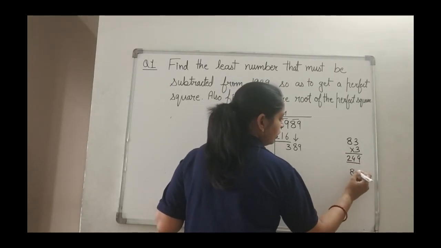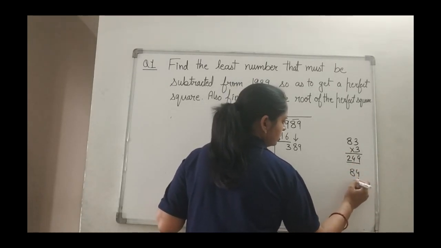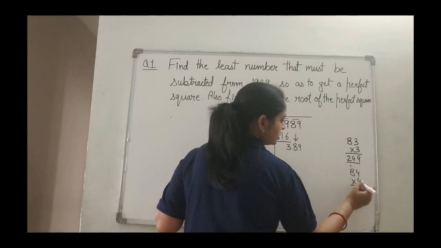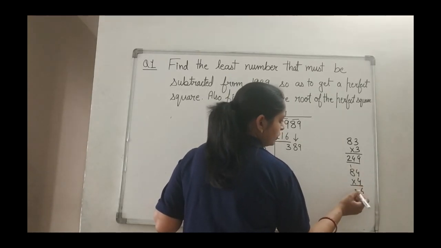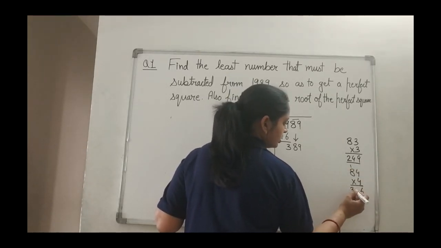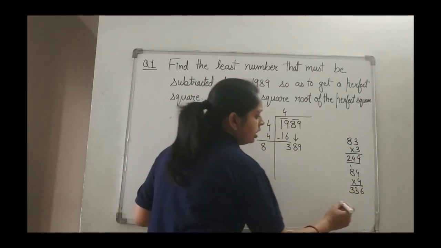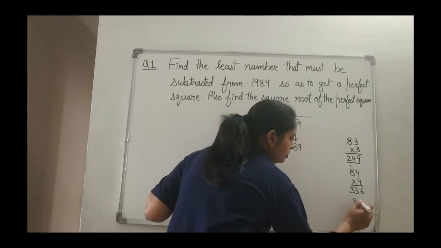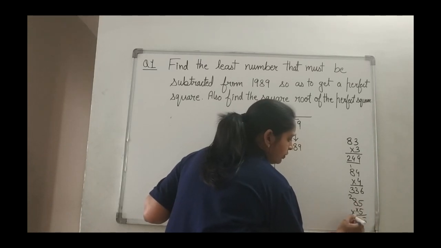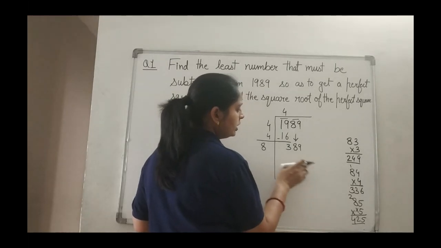If I take 84, then see, 4 4s is 16, 8 4s is 32 plus 1, 33. This is also less than this, right? So I'll check 85 also. 5 5s is 25, 8 5s are 40, 42. But this is greater. So I am not getting the exact number.